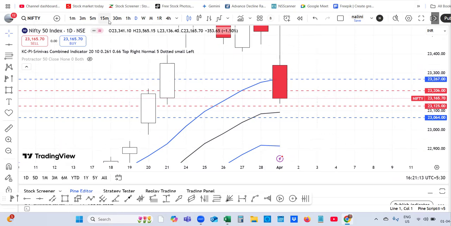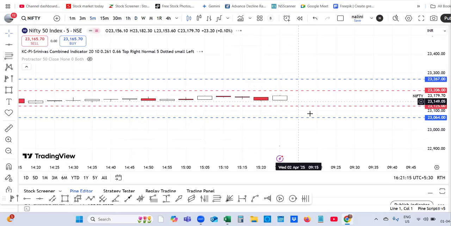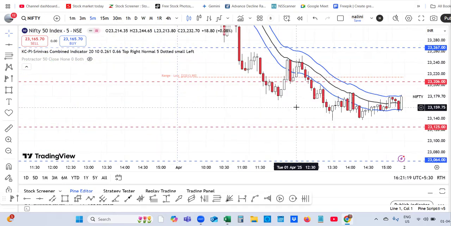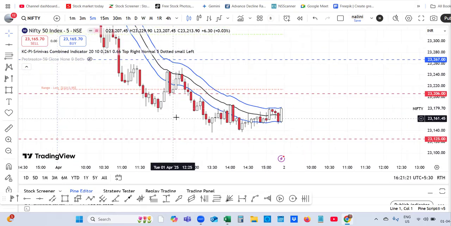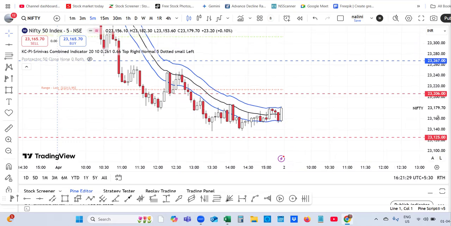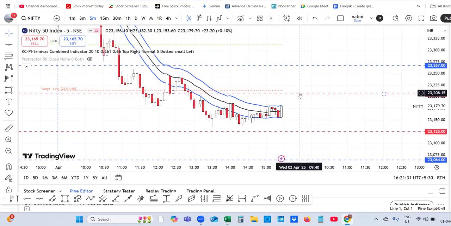Okay, so let us go to the 5-minute chart and let us see what has happened over here before the close. Now it is in between these two levels. Suppose it starts opening above this 23,208, it can go up to 23,264.